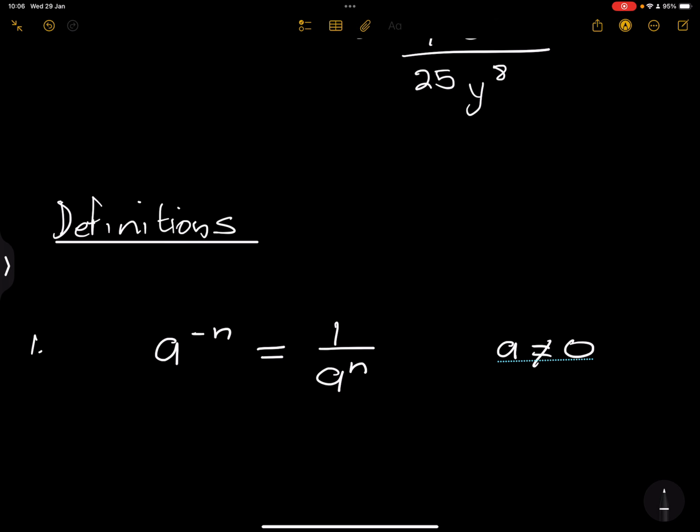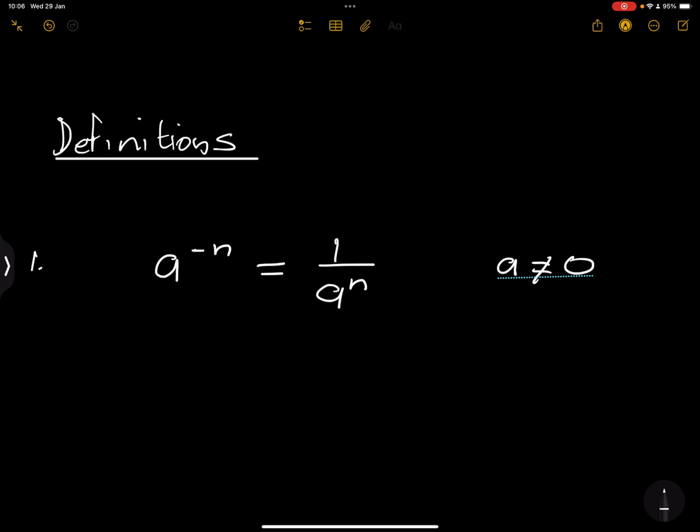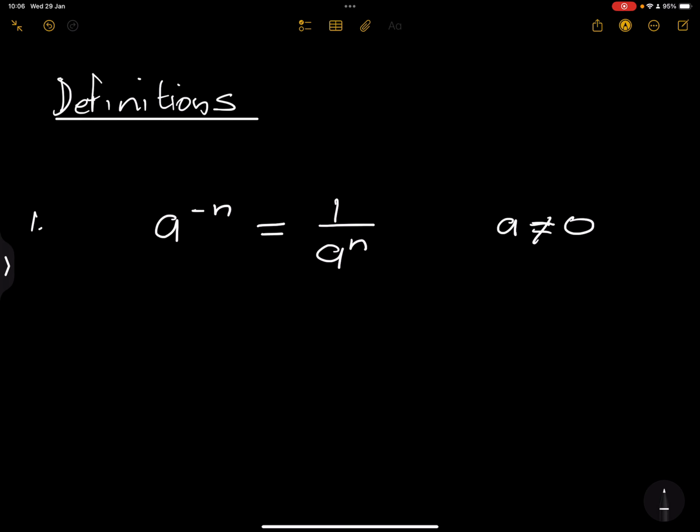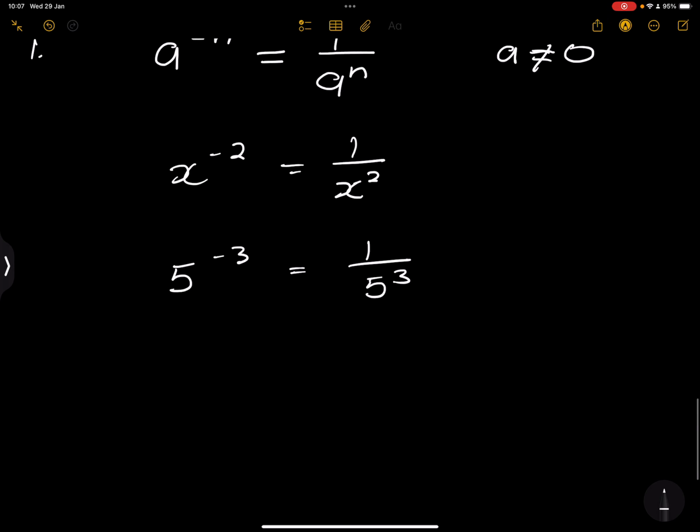Remember, whenever we divide by 0 in mathematics, we say that the result is undefined. So therefore, a cannot be equal to 0 in that case. Very important. So I can write this as, let's say, x to the power of minus 2. What does this become? It becomes 1 over x to the power of 2. Similarly, if I've got 5 to the minus 3, this will simply become 1 over 5 to the exponent of 3. Very important.